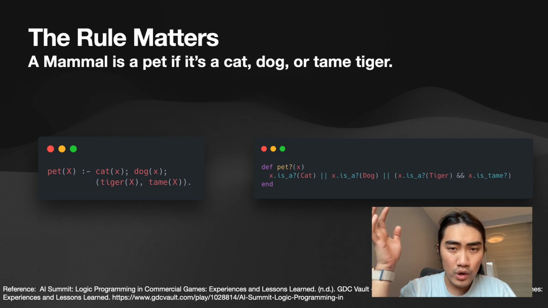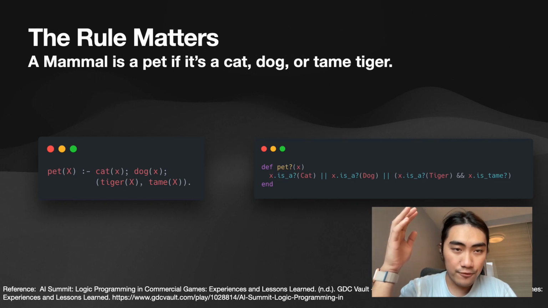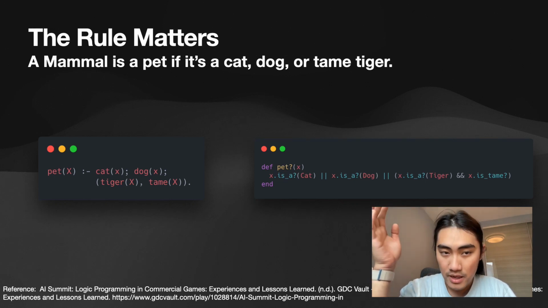For example, here we want to define that a mammal is a pet if it is a cat, dog, or a tamed tiger. We could write a query like the one on the right.